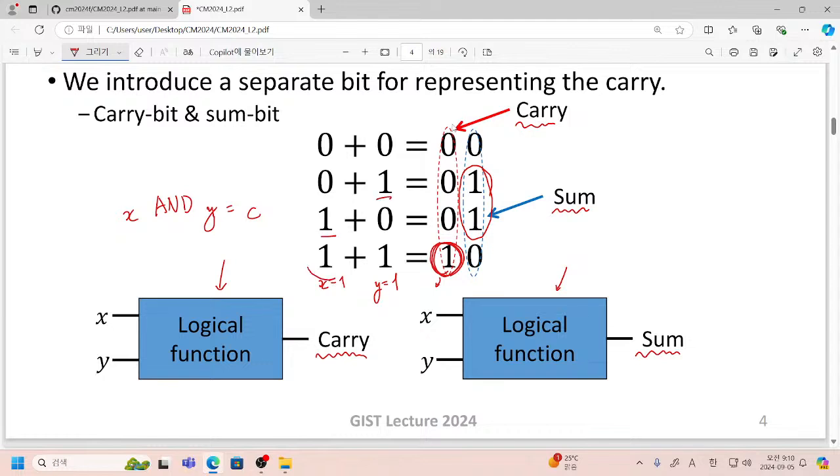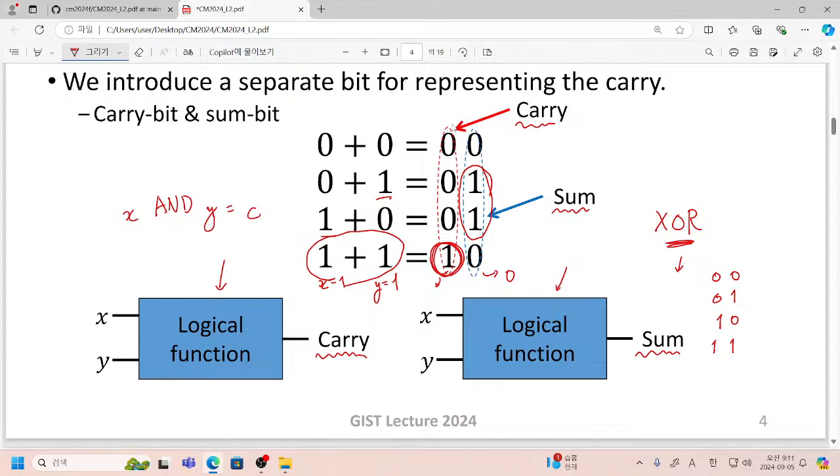However, when both of them are 1, then we have 0. This logical operation is called exclusive OR, which gives us 1 as an output when exactly one of x and y is 1.